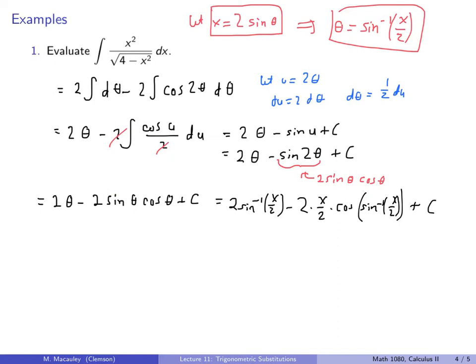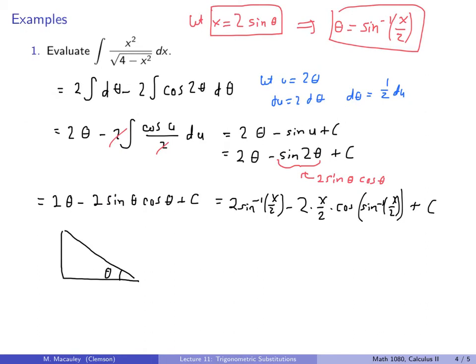Okay, so to show you a better way to do this, let me draw a triangle motivated by this fact right here. Let x be equal to 2 sine of theta. So I'm going to draw a triangle with angle theta and hypotenuse 2. I'm going to draw a triangle like this for all three of those cases that I showed you a few slides ago. No matter which trig substitution, this 2 here is going to be my radius, so my hypotenuse.